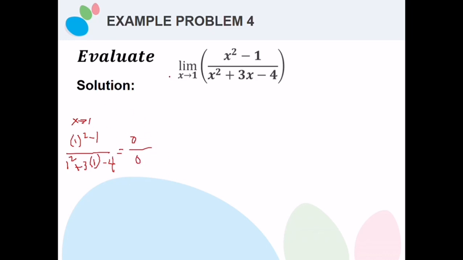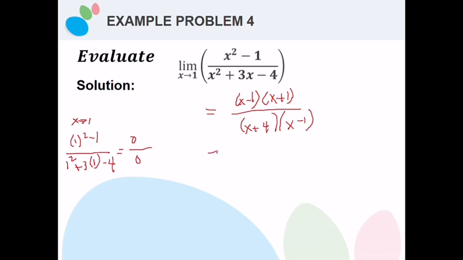So what we need to do is try the first technique, the factoring method. The x squared minus 1 is equal to x minus 1 times x plus 1. And the factors of x squared plus 3x minus 4 are x plus 4 times x minus 1.